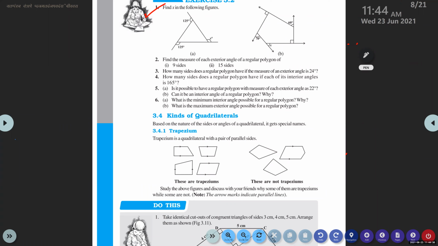The maximum exterior angle is 180 minus 60 equal to 120. So, what is the answer of A? 110.